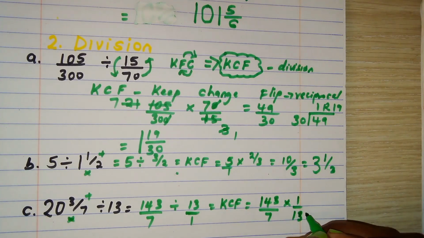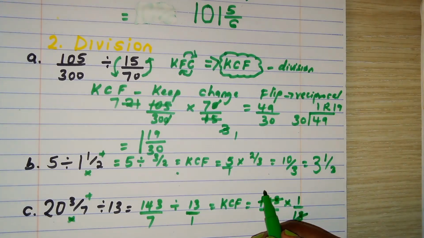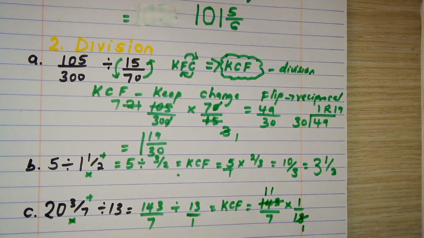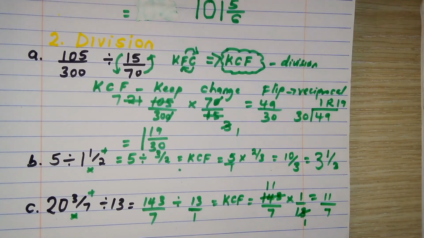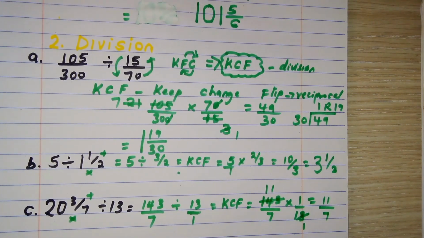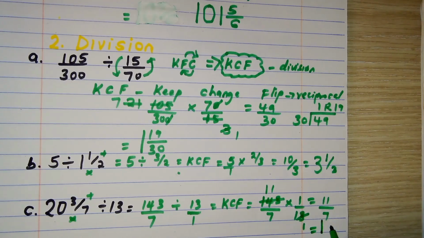I think 13 can go here, 13 can go there 11 times. 13 remainder 1, so 11 times. 11 times 1 is 11, 7 times 1 is 7. And the last bit would be to change the 11 over 7 to mixed. So 7 goes into 11 once, remainder 4 out of 7.